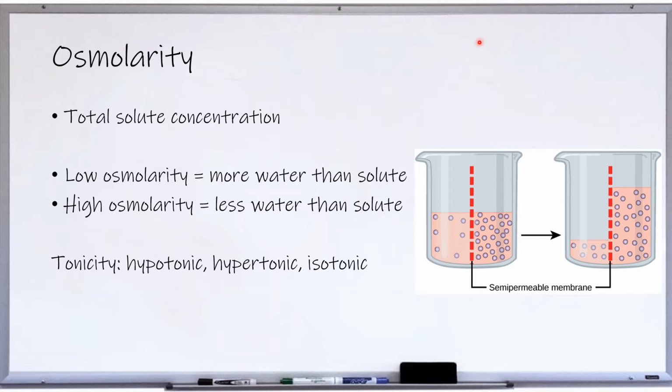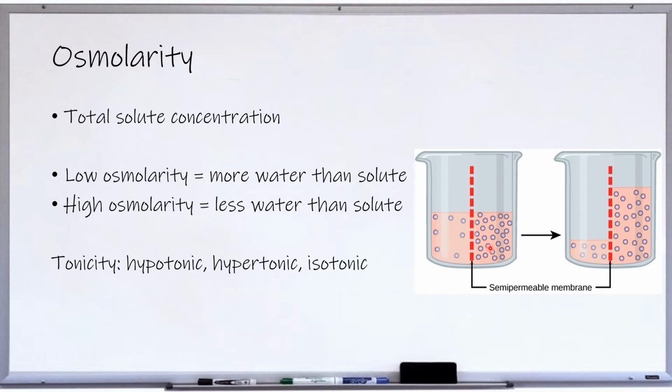On the other hand, a solution with high osmolarity has fewer water molecules with respect to solute particles. So we can see that on the right side of this diagram. There's a higher concentration of solute particles than there is free water. So the osmolarity is high here.